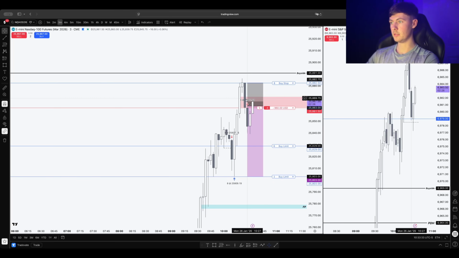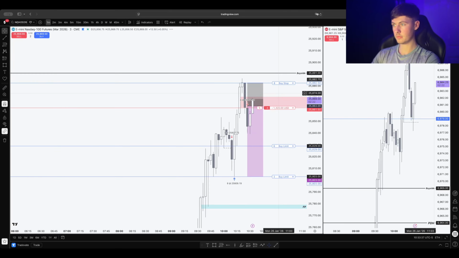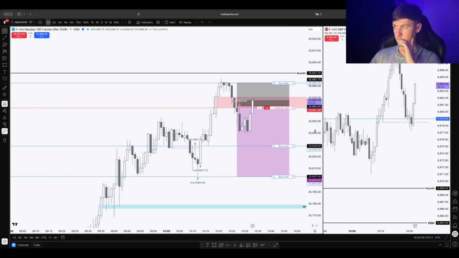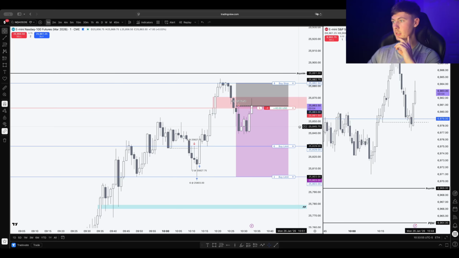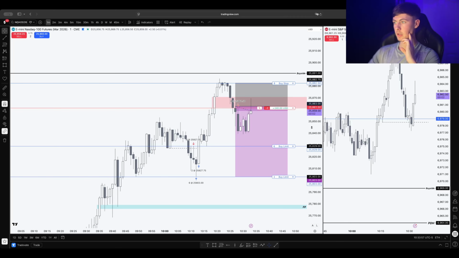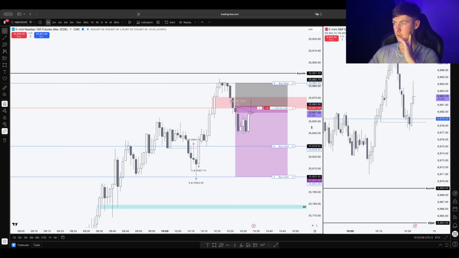Also mitigated the 3 minute SIBI. Okay, I want to see big moves to the downside from here after mitigating that 3 minute. Loving that wick.